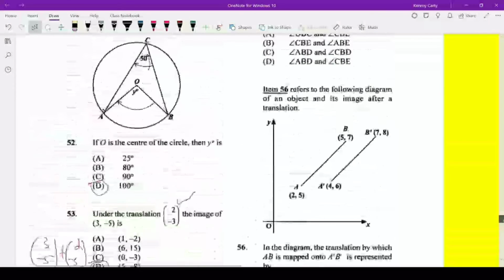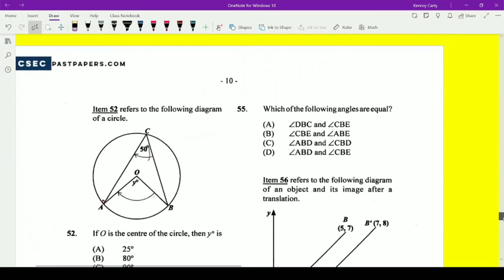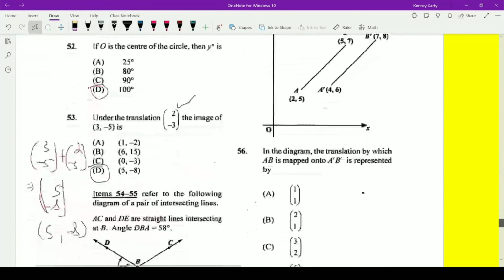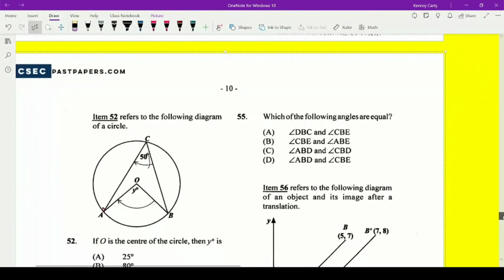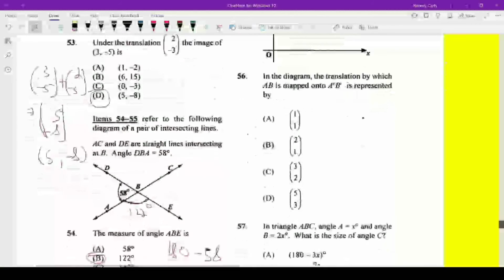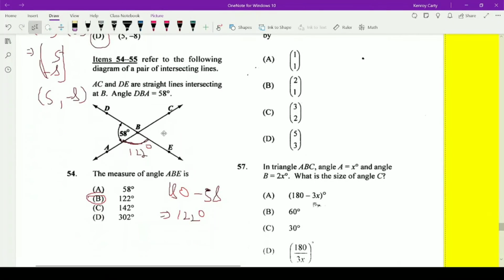So I'm going to go back up. Whichever following angles are equal. Alright, by just looking at this, vertically opposite angles are equal, right? So we know that DBC and ABE are the same. Let's go up and see if that is so. DBC, ABE. We don't have that. But we also have vertically opposite angles right here as well.